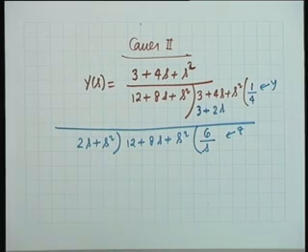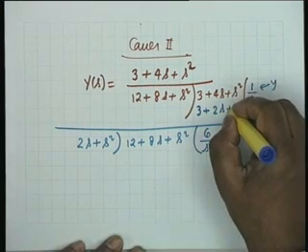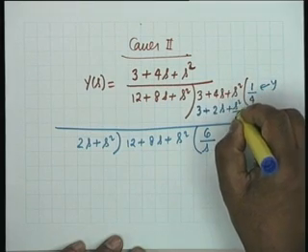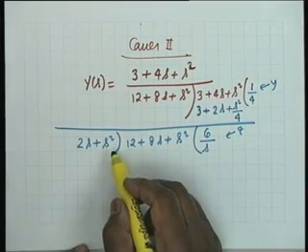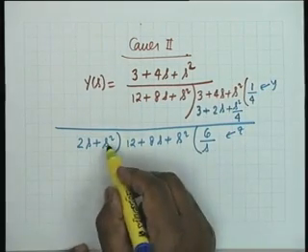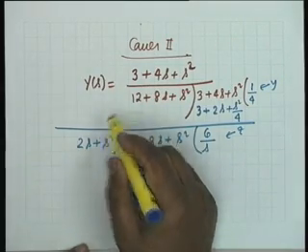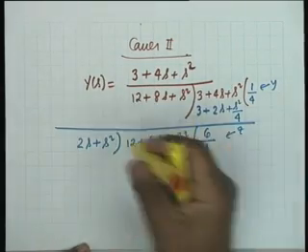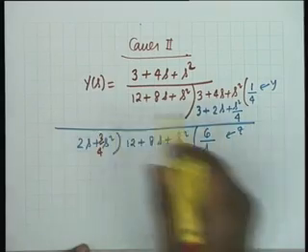What is this? Oh, how could you ignore that? s squared by 4. So there would be another term here. No, the coefficient of s squared would be 3 by 4 s squared.